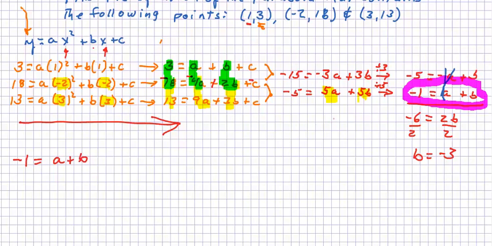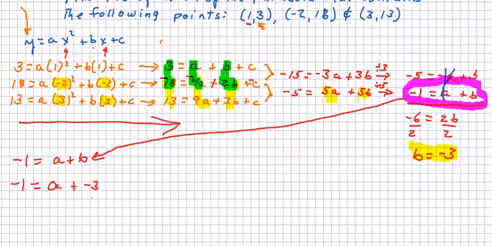And I know that b is equal to negative 3. So I'm going to make that substitution. Negative 1 equals a plus negative 3. Add 3 to both sides, and we find out that a is equal to 2.